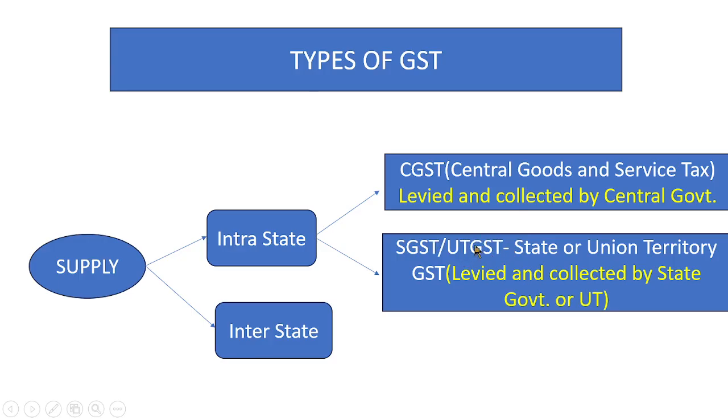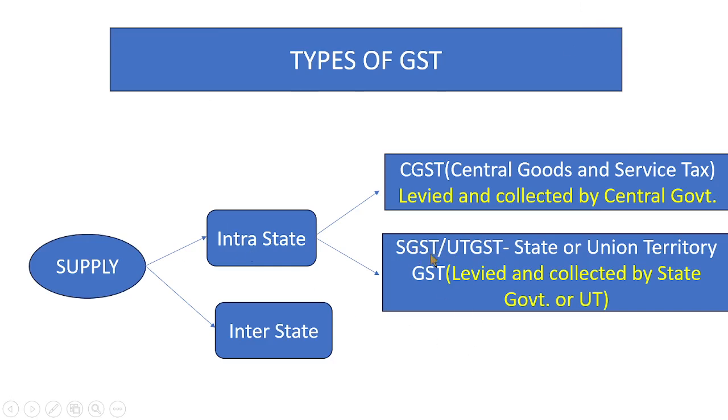This UTGST is applicable for UTs without legislature, means without an assembly. For example, Andaman Nicobar, Lakshadweep, etc. These UTs are directly under the control of central government. But some UTs have separate legislative assemblies such as Delhi, J&K, etc. So for these UTs, SGST is applicable.